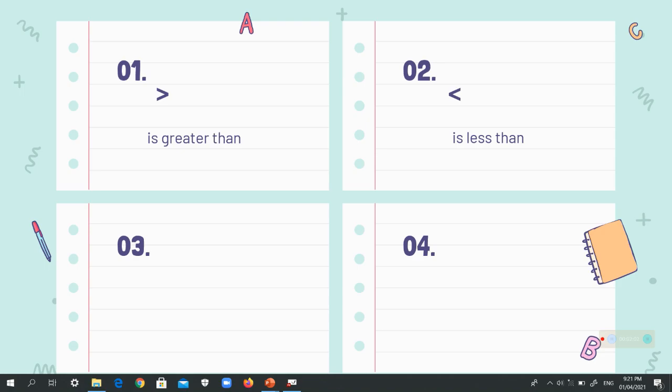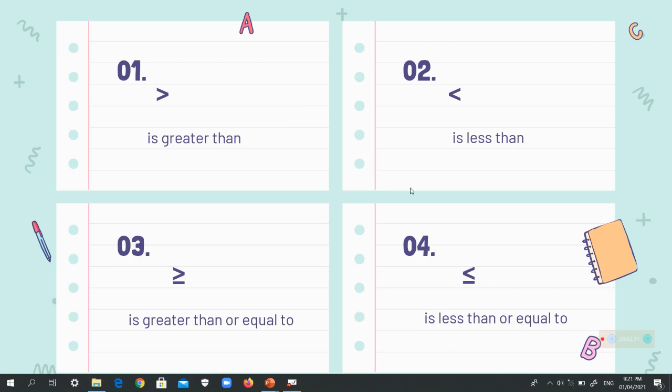Number 3 is read as is greater than or equal to. The last one is read as is less than or equal to. As I said earlier, these are the four inequality symbols that you will see in our discussion this day and the next day.